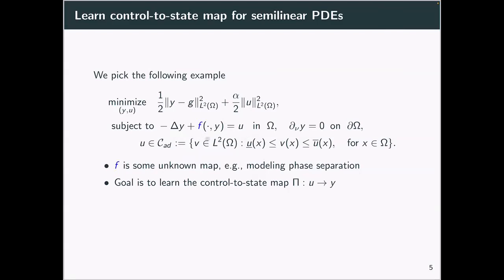And what we are interested in is actually the solution map, right? So we try to give a U, we try to find the Y. So the goal is to learn the solution map for this type of PDE.